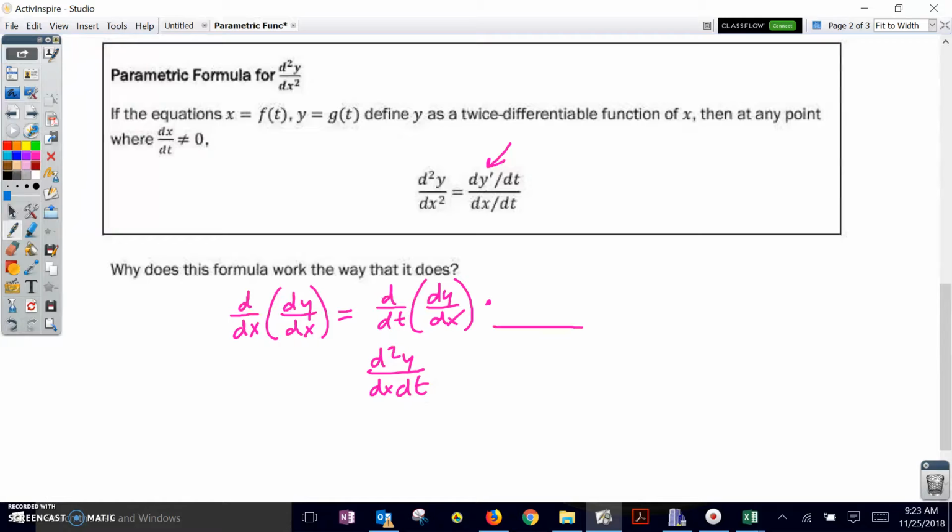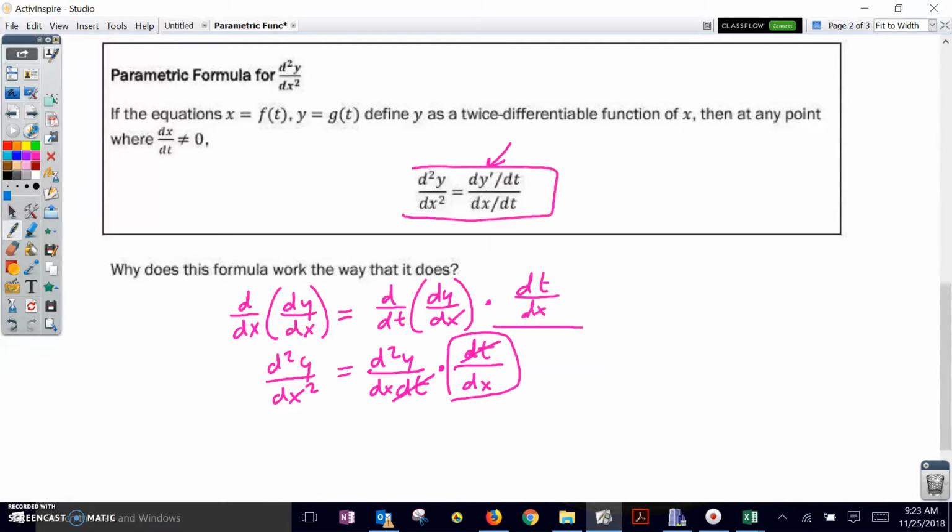And so in order to get this to be equal to d squared y dx squared, we need to multiply the denominator by a dx and multiply the numerator by a dt so that these dt's cancel out. And multiplying by dt dx is the same thing as dividing by dx dt, and that's why this formula works the way that it does.